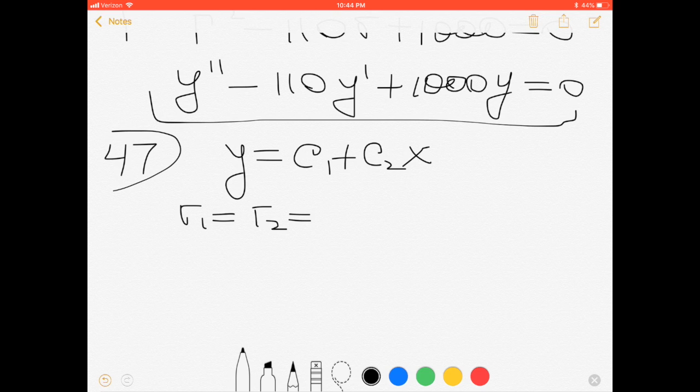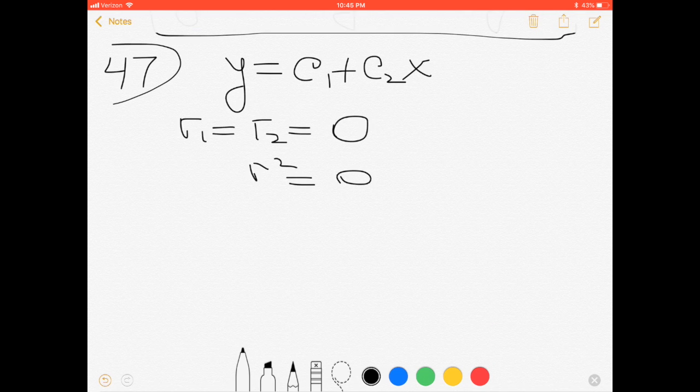But because you don't have any multiplier e to the power, both of these numbers equal 0. This means here we have r squared equals 0. What does that mean? It means the second derivative of your function equals 0. This is the general solution for this differential equation.